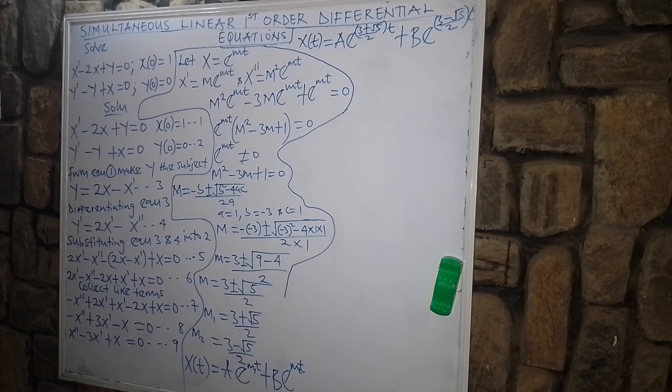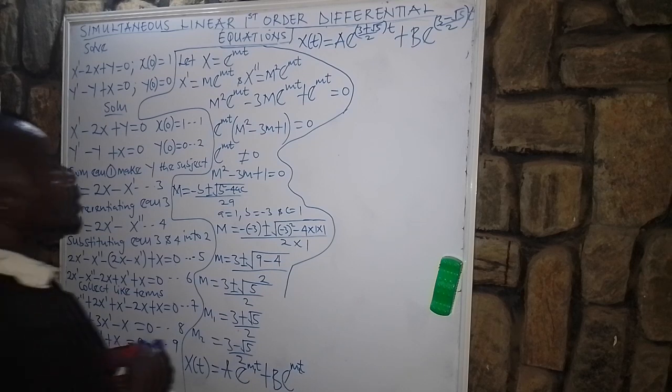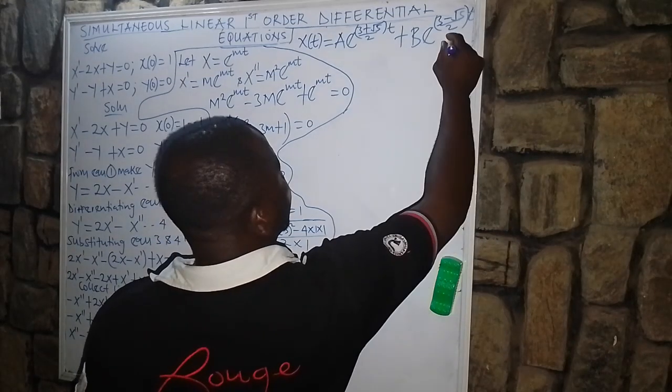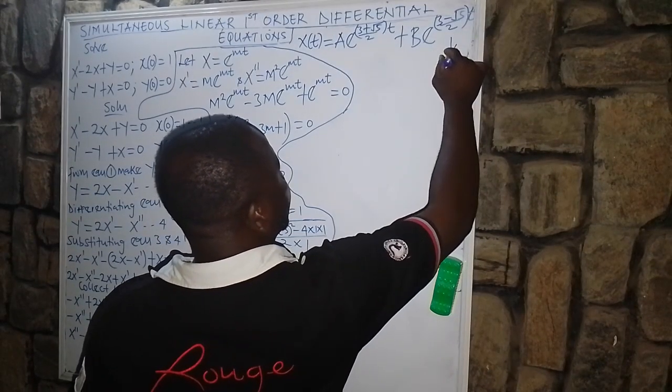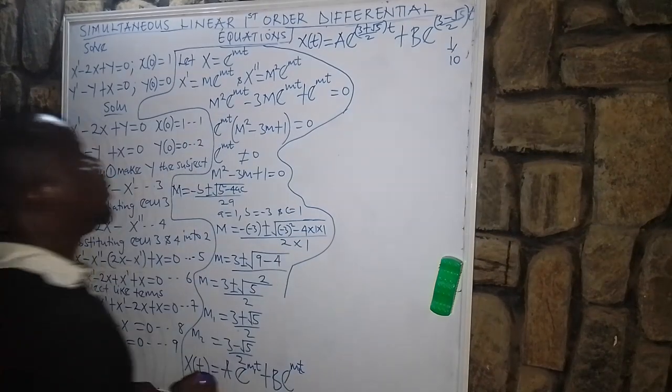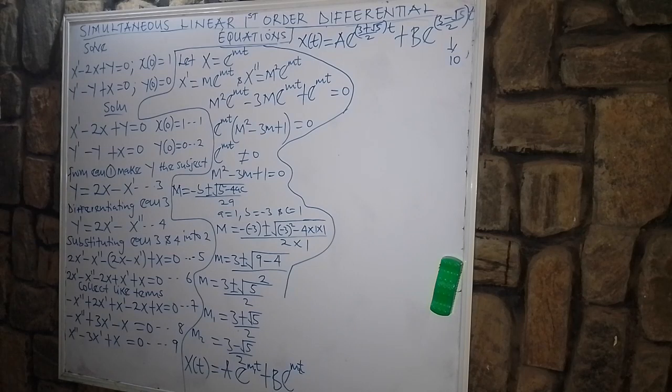Okay, how can we obtain our y of t? We have to differentiate this. Let's call this equation 10. We have to differentiate equation 10 with respect to t.